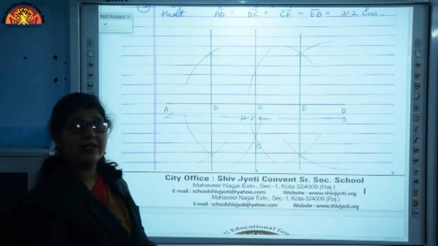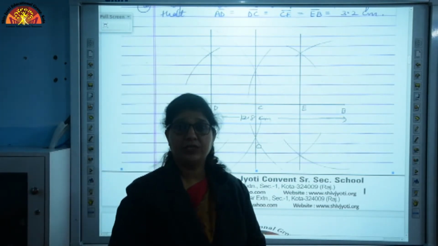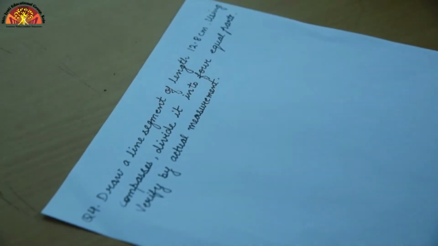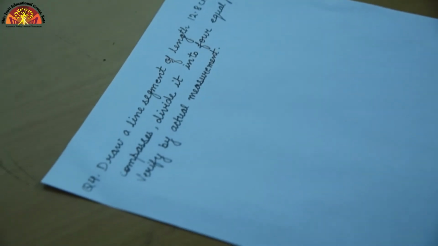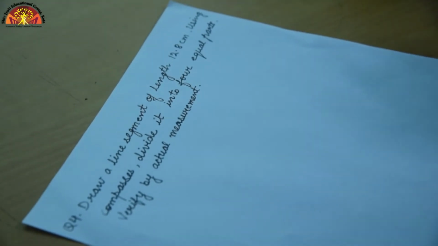Understood? Let us see this construction on the page. Let us start. Next question. Draw a line segment of length 12.8 centimeter using compasses. Divide it into 4 equal parts. Verify by actual measurement.